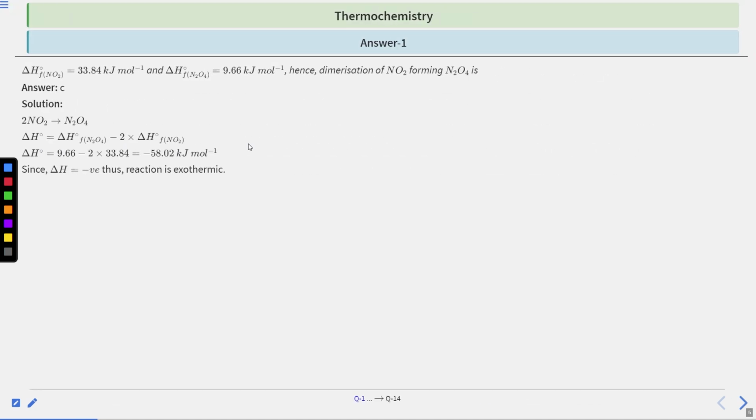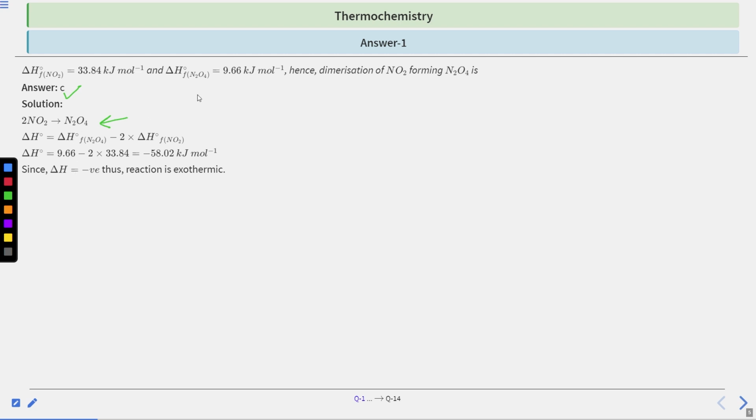Okay, so we have answer option number C. This is the reaction followed when we do the dimerization of NO2 to form N2O4. So two molecules of NO2 will form N2O4. So delta H naught will be equal to the enthalpy of formation of N2O4, that is the product, minus 2 times the enthalpy of formation of NO2, that is the reactant.